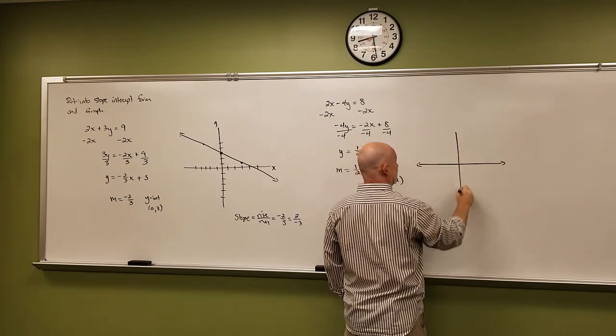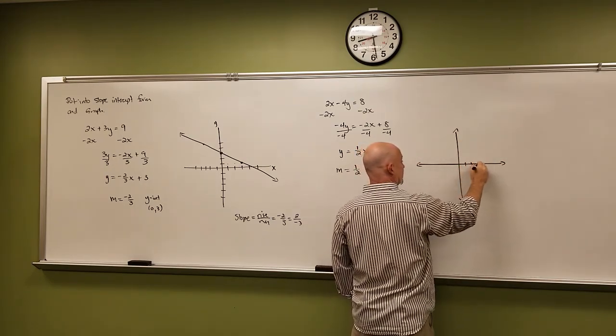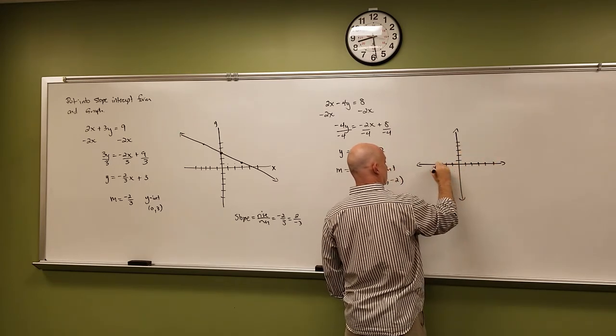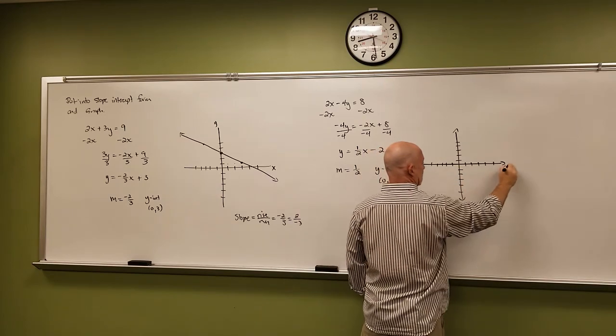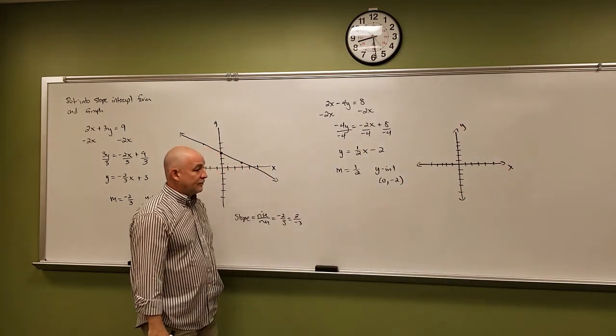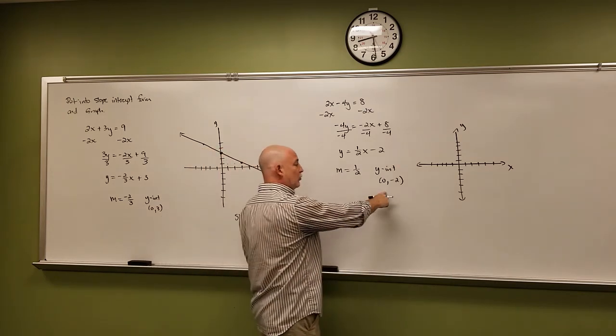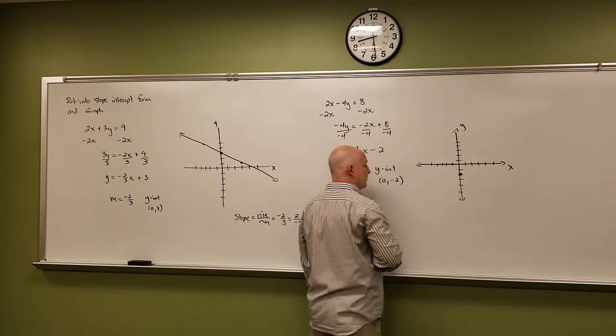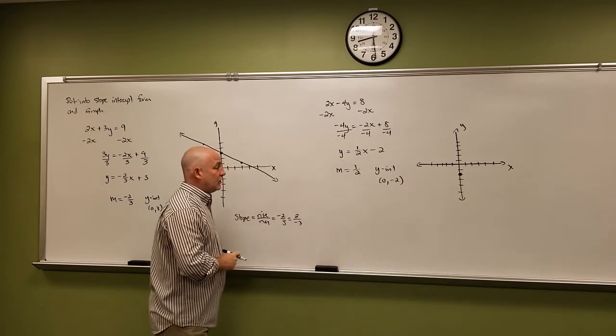All right, let's see if we can draw a picture of this. Always when you're graphing using slope-intercept form, the first thing you do is plot the y-intercept. So our y-intercept is the point (0, negative 2). So that point is on the line.